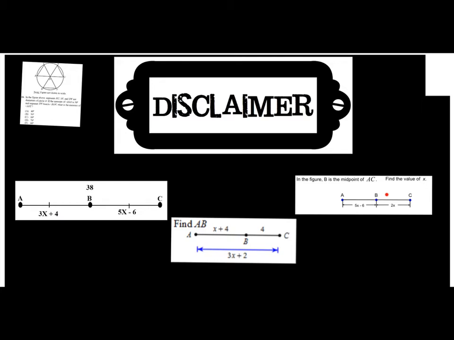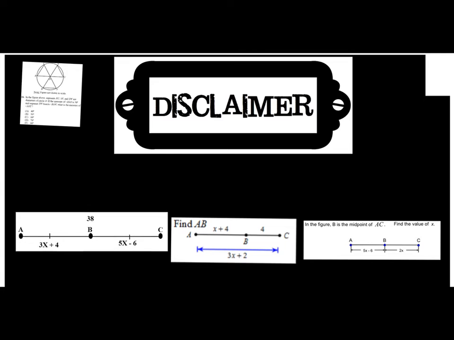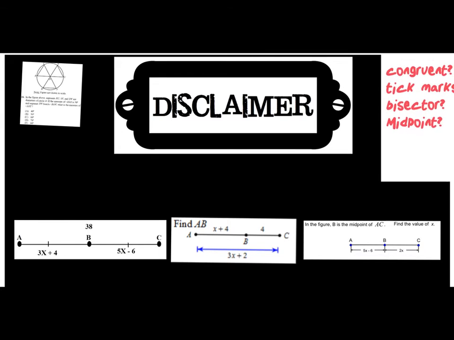But if you're looking at the problem right here on the right, I'm not sure it shows that it's exactly in the middle. That's why directions are very important. Always read the directions first. Do not assume that it is exactly in the middle. Do not assume that what's drawn is a midpoint. Do not assume that something is a bisector unless it's given to you.